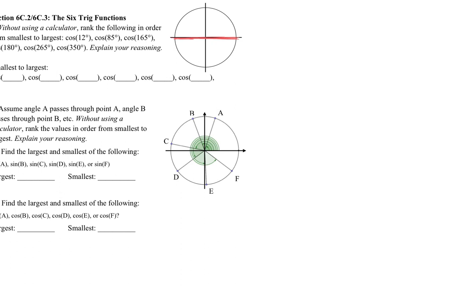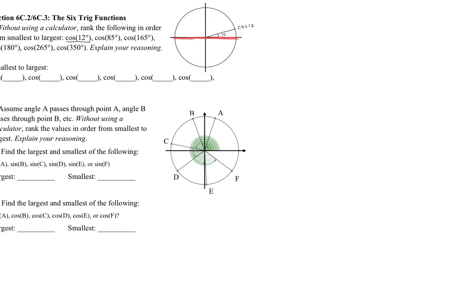So let's go ahead and it says, without using the calculator, rank the following in order from smallest to largest. So we have cosine 12, which will be 12 degrees, probably like right here. So this is cosine 12.